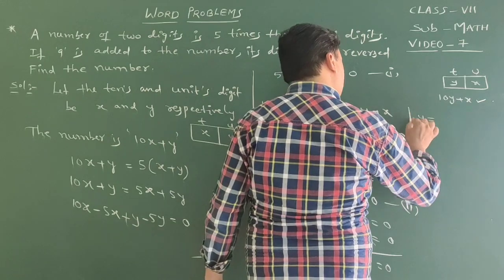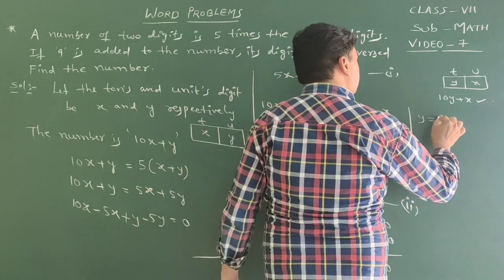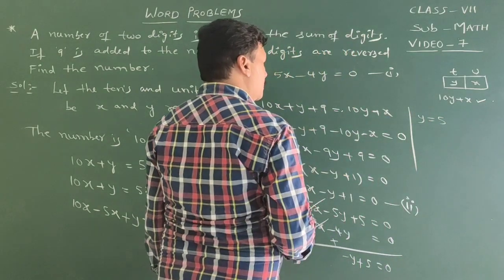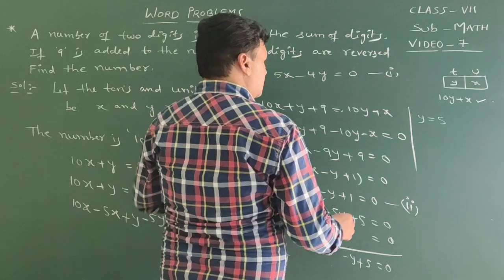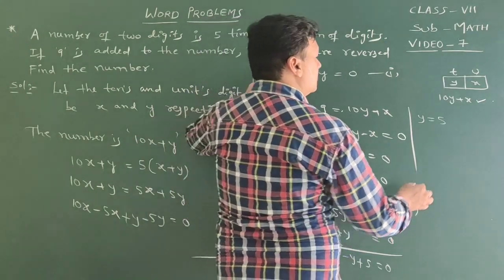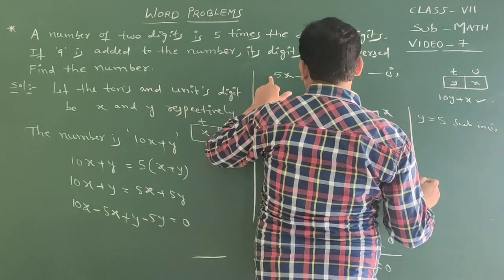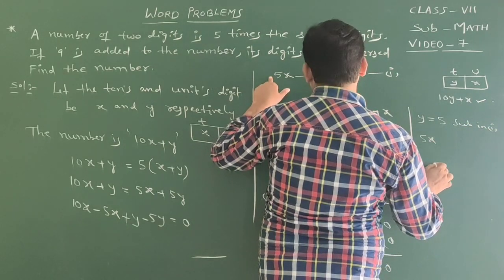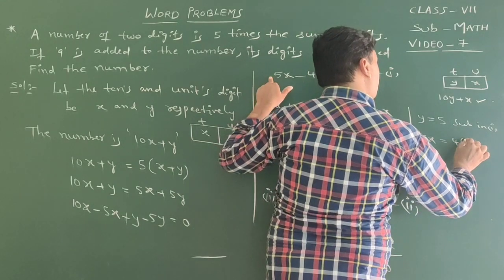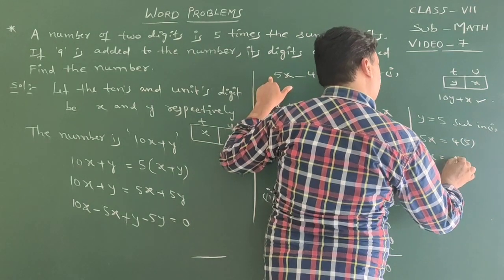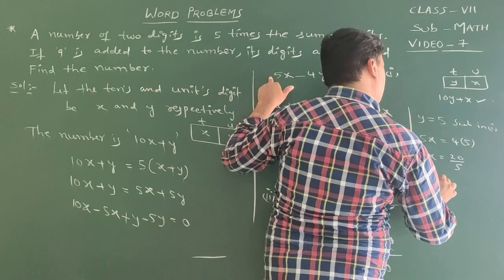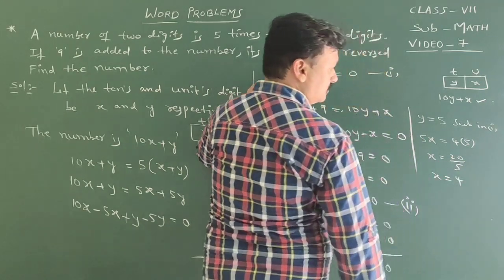So y equals 5. Substitute in the first equation: 5x equals 4 into 5, x equals 20 by 5, so x equals 4.